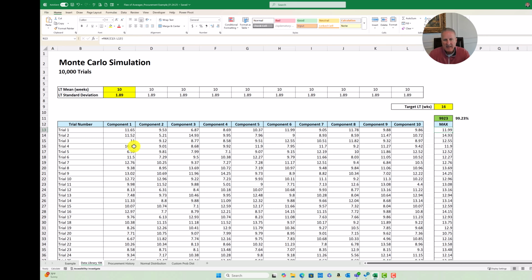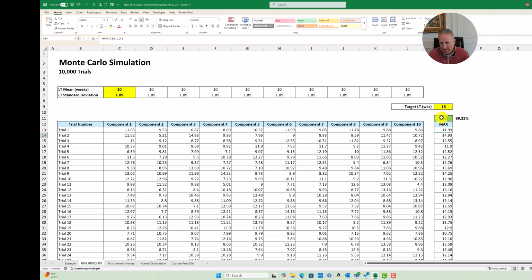So that looks to me like about half the time it's come in under my 10-week requirement, but that doesn't matter. It's the longest one that counts because I can't do anything until I get each and every one of these components in. So that's why I'm interested in the longest lead time. So I come through here and every single one of these trials, I'm looking for the maximum.